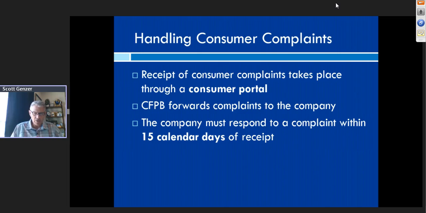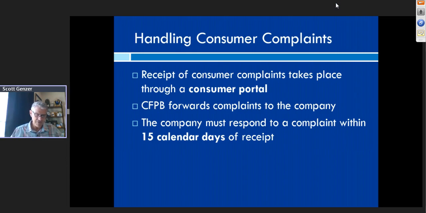That takes place through a consumer portal, and they also accept complaints by fax, phone, and email. They're an equal opportunity complaint receiver. To get information or file a complaint, contact the CFPB at blah, blah, blah. It's out there everywhere. So people know where to complain. They know who to complain to. Different than before. All right.